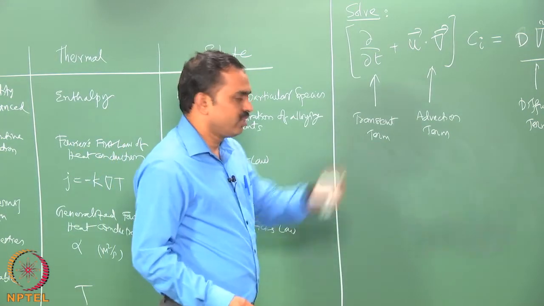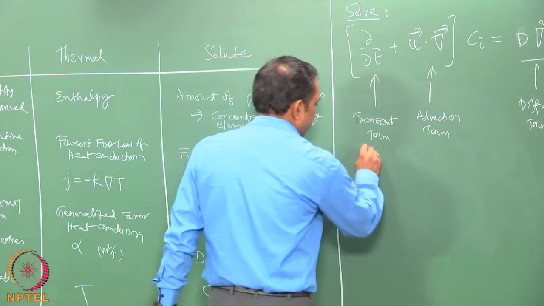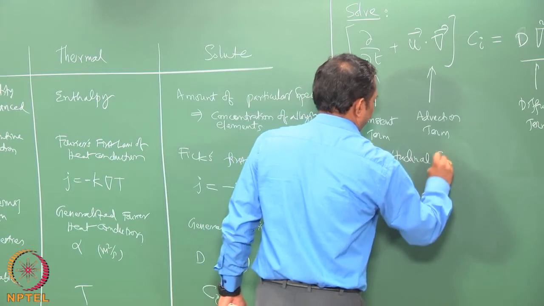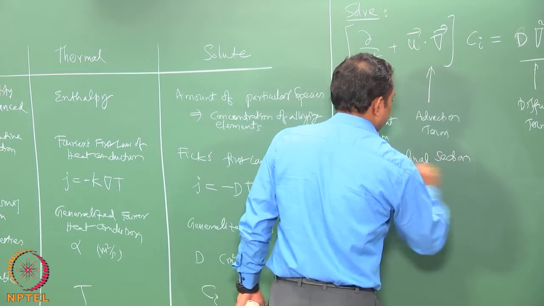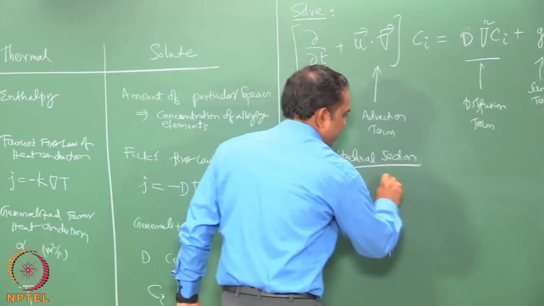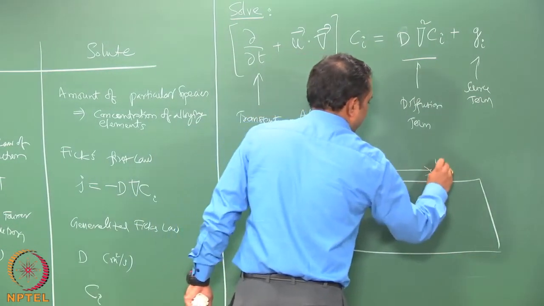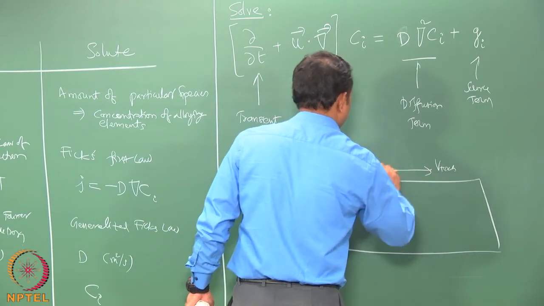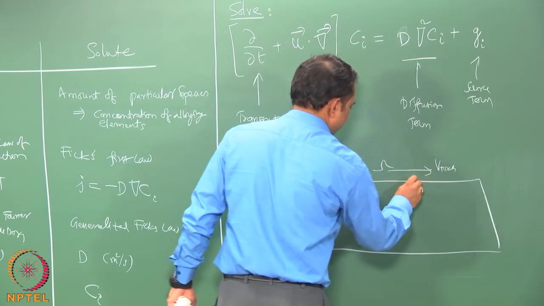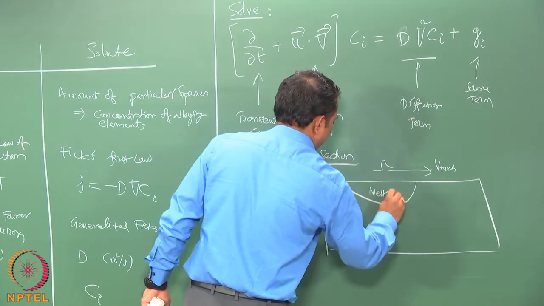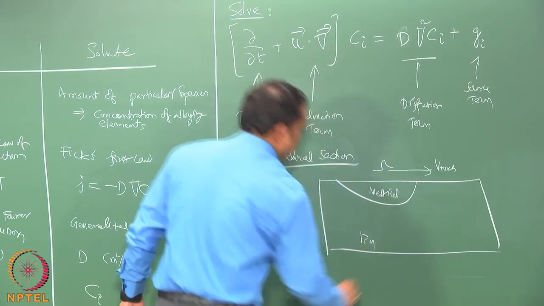So, to know that, you can actually look at what is called the longitudinal section and see what is happening. So, in the longitudinal section you always capture the vector that is corresponding to the torch, and you would have the melt pool, and this is the base material.